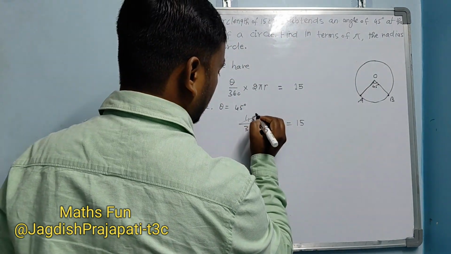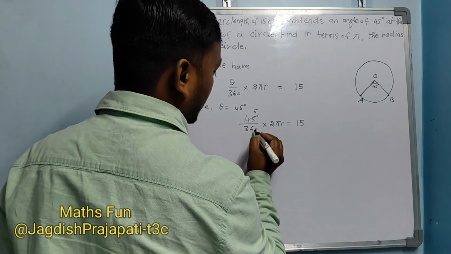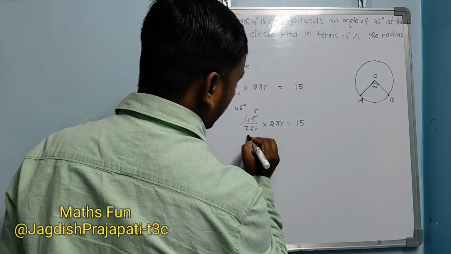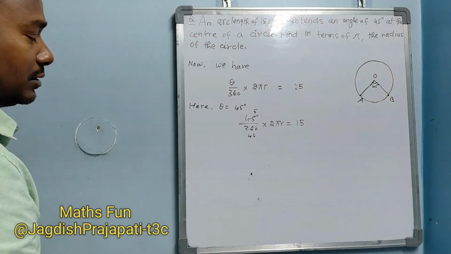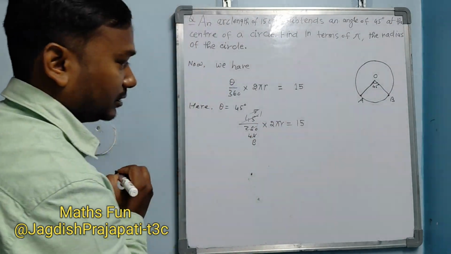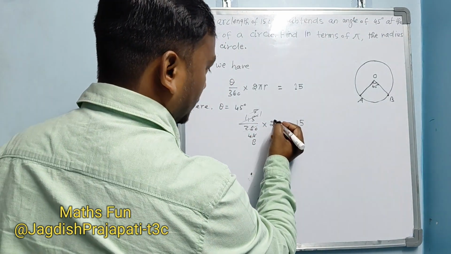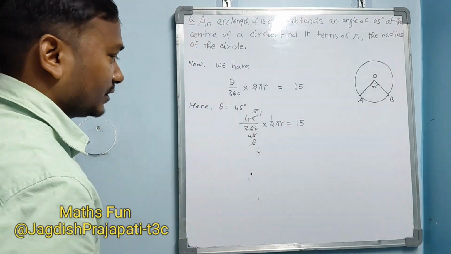So 9 5s are 45, 9 4s are 36, and 5 1s are 5, 5 8s are 40. Okay. 2 1s are 2, 2 4s are 8.